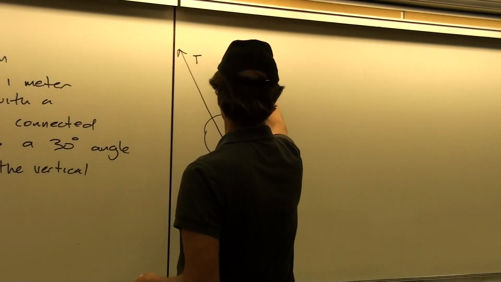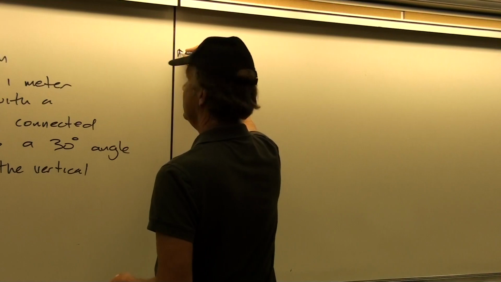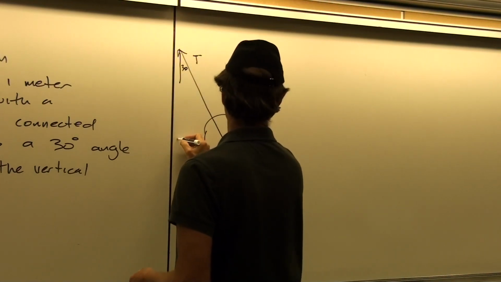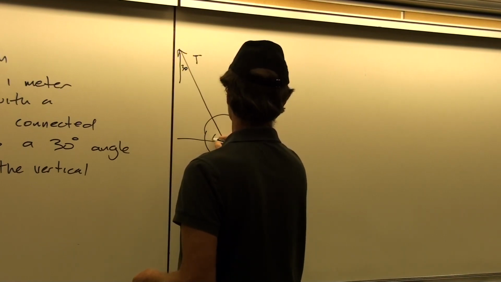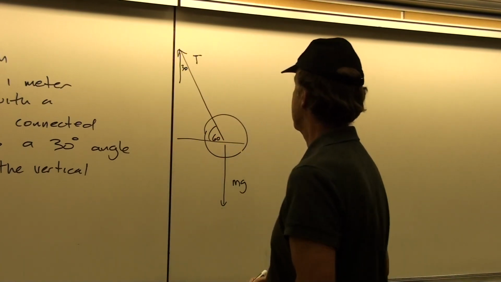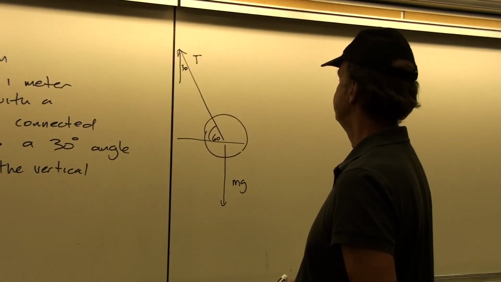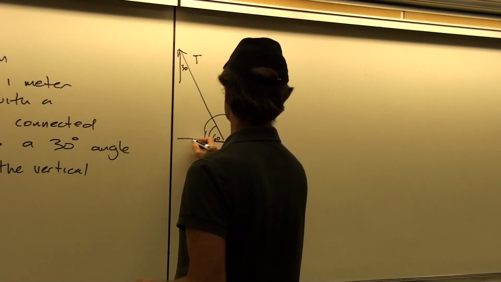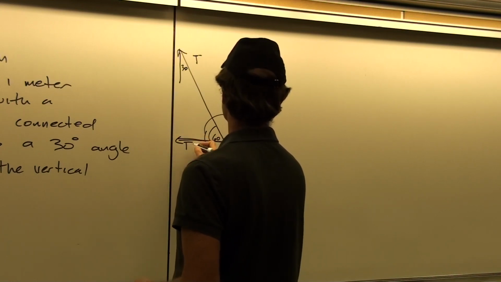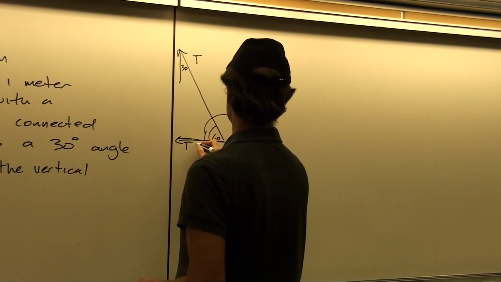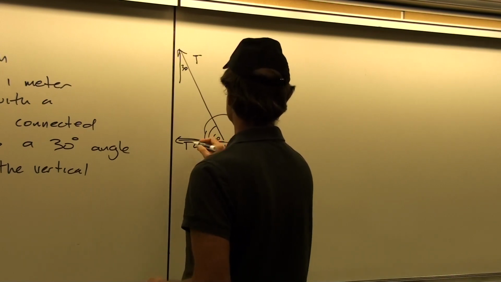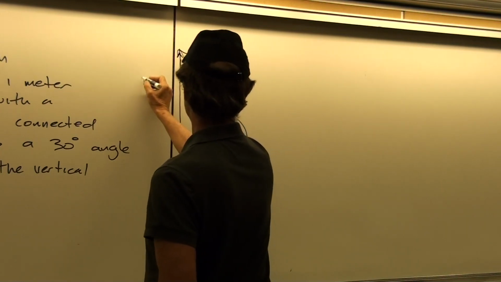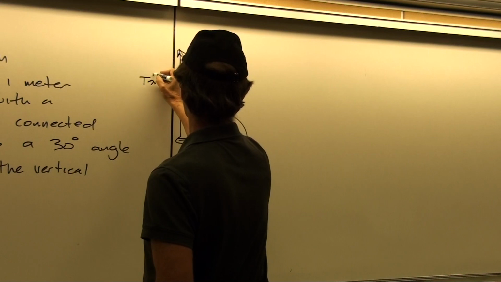Okay, so if this angle here is 30 degrees, then this angle here is going to be 60 degrees. And so we can break up the tension vector into horizontal and vertical components. This is going to be T times the cosine of 60. And this will be T times the sine of 60.